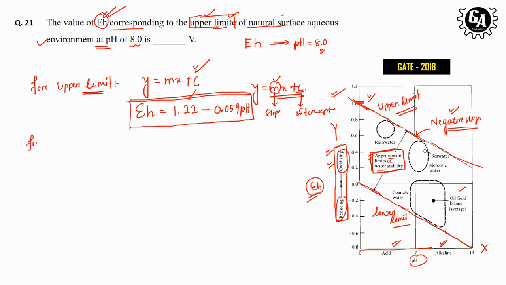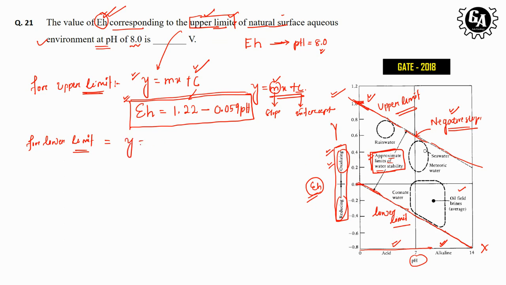For the lower limit, what will be the equation? Because the question is asking about the upper limit, we will confine our study to the upper limit, but let us see what the lower limit equation will be. You can see this lower straight line has a negative slope and intercepts the y-axis at 0.